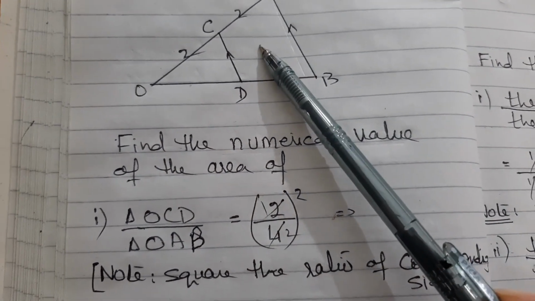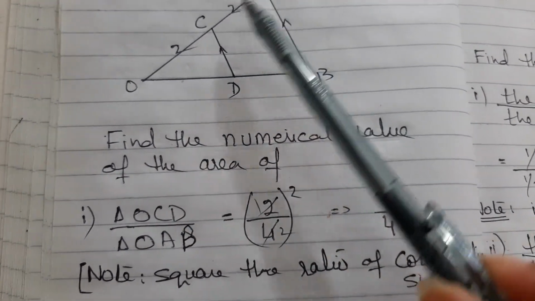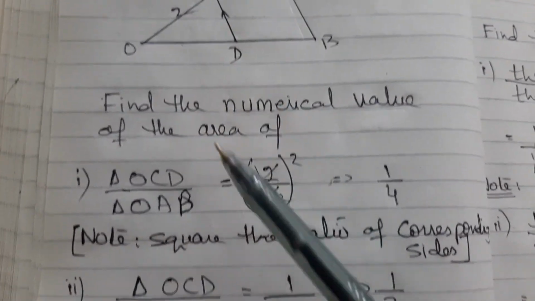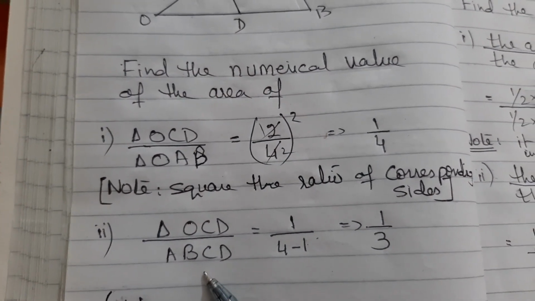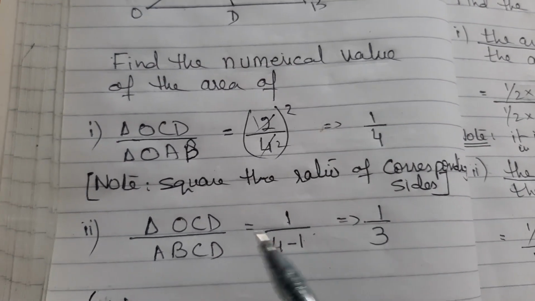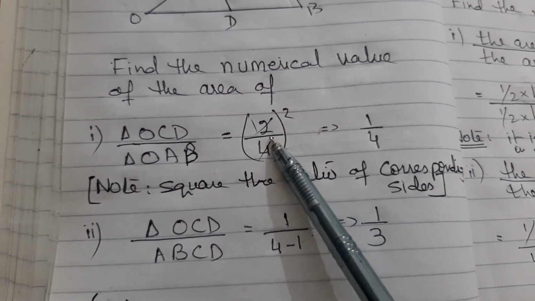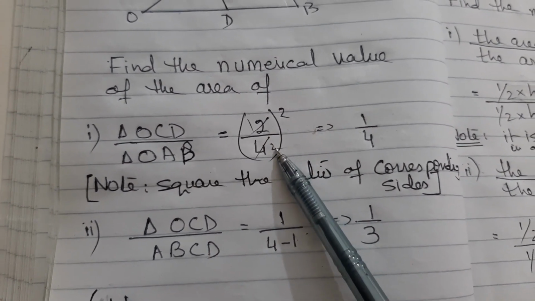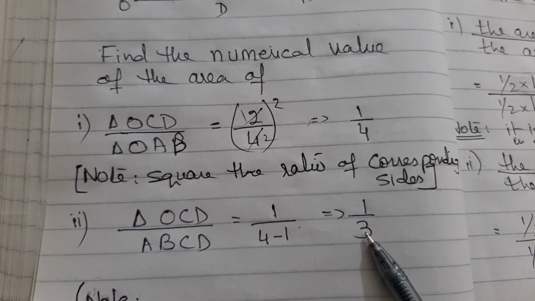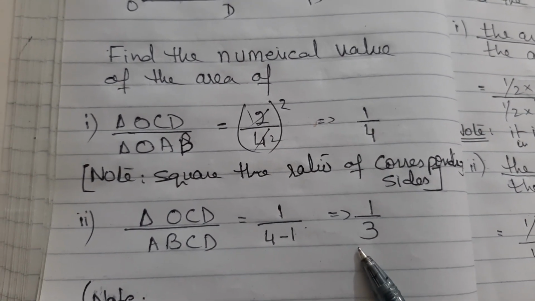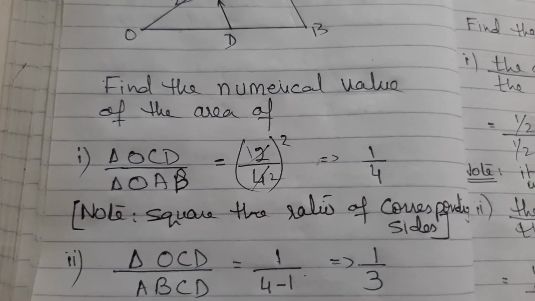So if I have to find this, I will do 4 minus 1. So when I find the ratio of this, I will do 1 over 4 minus 1. To do this step, you have to find the ratio of similar triangles first of all. Only then you will be able to do it, and you will not square it now. Remember this thing. So the first case is done, which is about similar triangles.